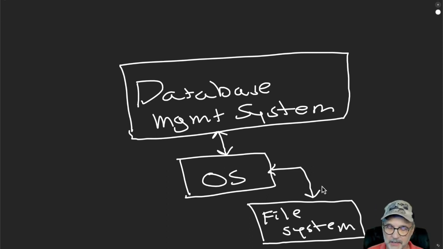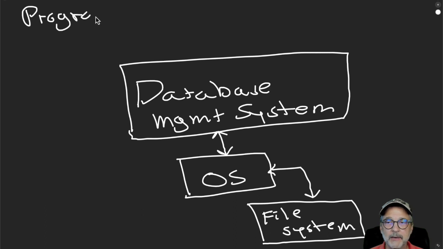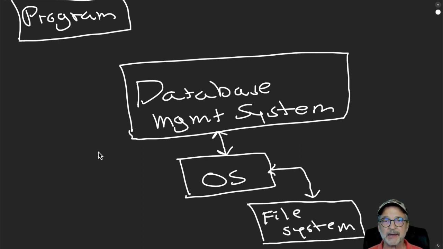Now, what are we going to do in this course? Well, you're going to have a program that you're going to write, and that program, as I said, can be any one of multiple languages. Like I said, we're going to do C, C++, Python, Java, we're even going to do PHP.